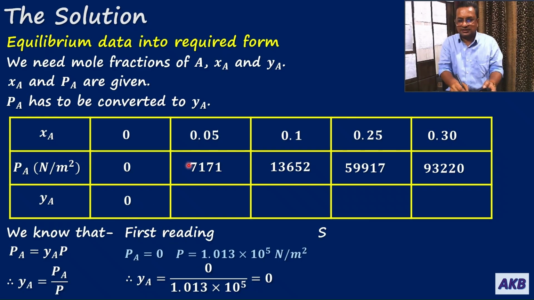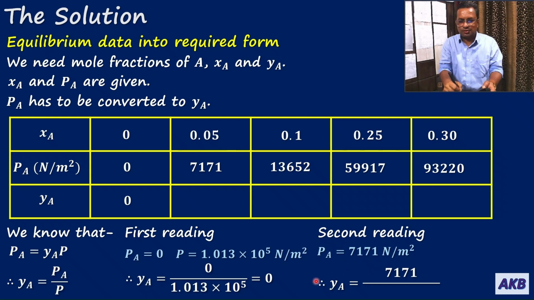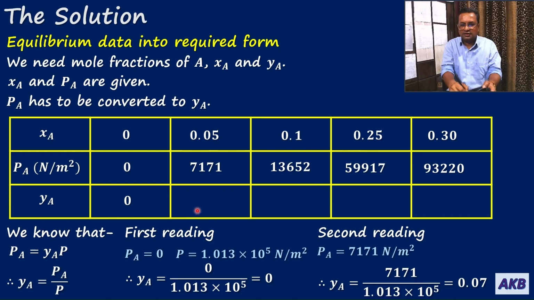Now let us check for the second reading. For the second reading, PA is 7171 Newton per meter square. So in this case YA will be equal to 7171 divided by 1.013 into 10 to the power 5, that is 0.07. So for PA equal to 7171 Newton per meter square, YA is 0.07.